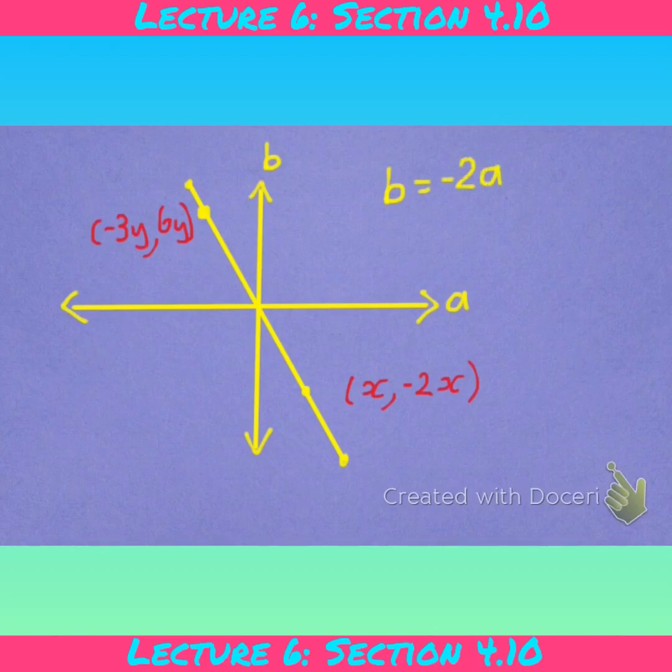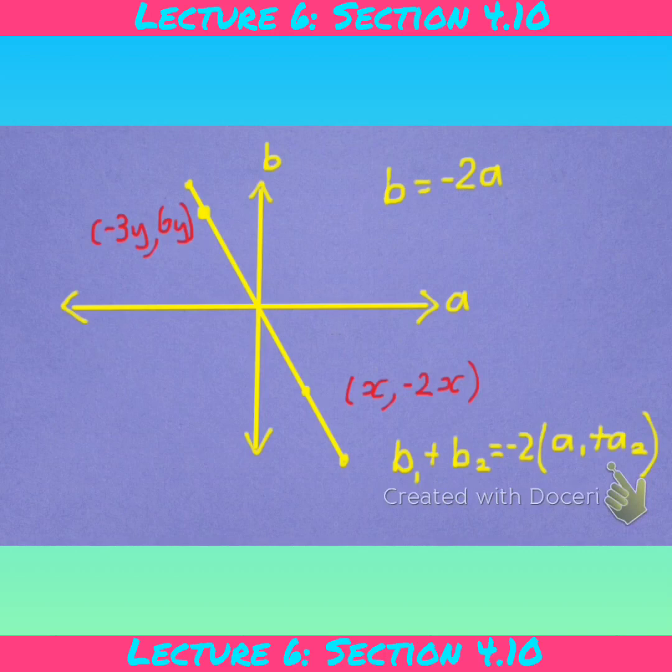Now if you take the sum of any two points on that straight line, say (a1, b1) and (a2, b2), you can see that the sum is going to be on the straight line again.